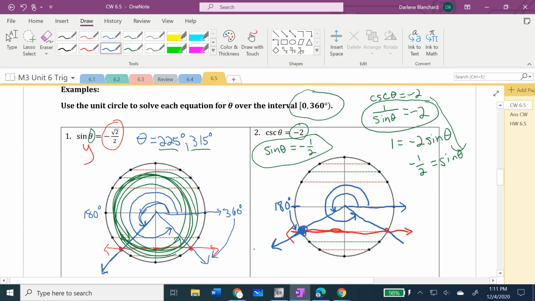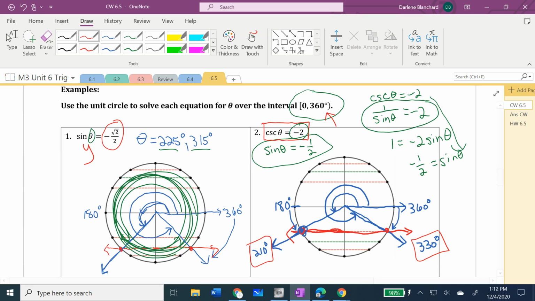So if I add 30 to 180, I get 210. This angle over here is 30 degrees before hitting 360. So 360 minus 30 gives me 330 degrees. Or I can go crazy with the threes. And that gives me 2 angles, the only 2 angles that are in between 0 and 360, for which the cosecant of the angle is equal to negative 2.